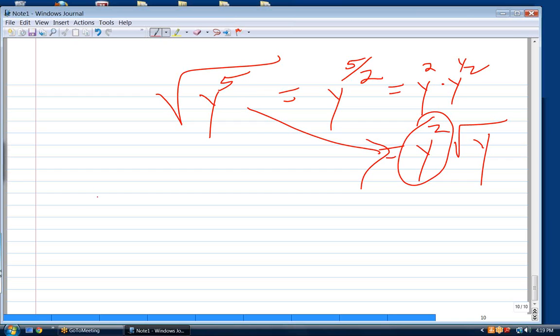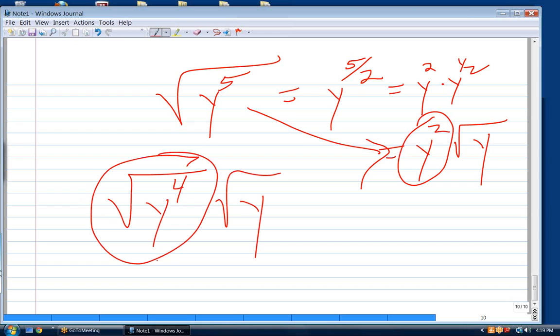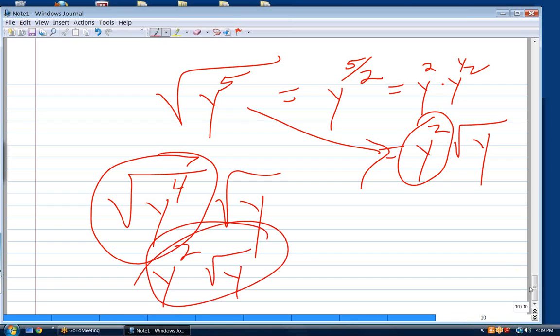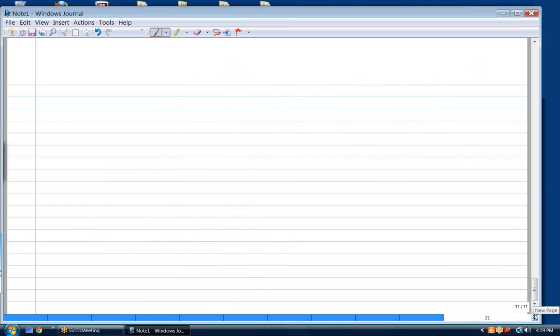In other words, y to the 5th is the same as square root of y to the 4th times square root of y. And this is y squared. Okay, so it's like advanced math rules. The same rules but different. Okay, I got this. Maybe.